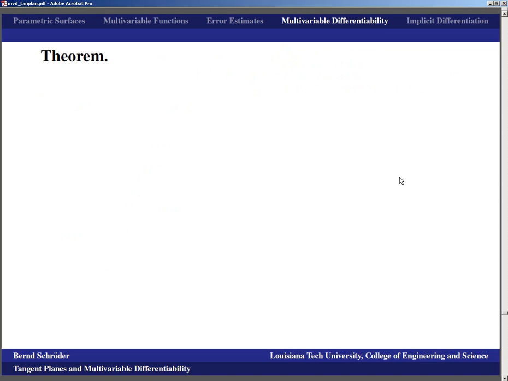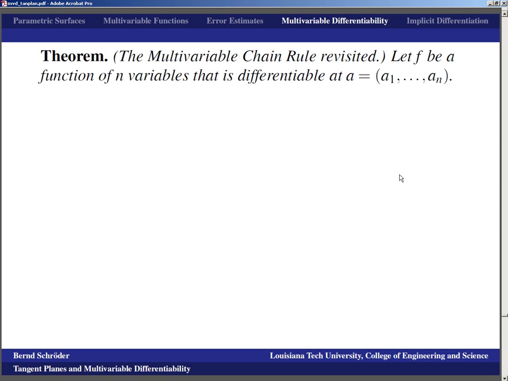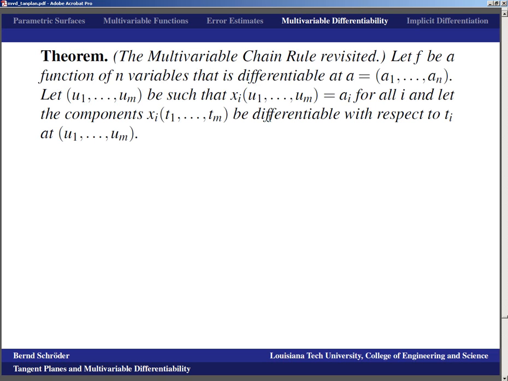Okay, so a couple of theorems that we're briefly just going to review, and we're going to revisit the multivariable chain rule. We're not going to reprove it here, but basically if we have a function of n variables that is differentiable at the point a1 through an, and if we have inputs xi depending on variables u1 through um, so that xi of u1 through um is ai for all i, and the components xi are differentiable with respect to ti at u1 through um.